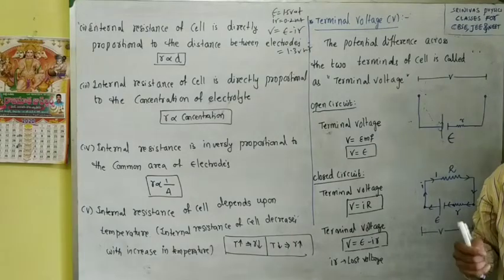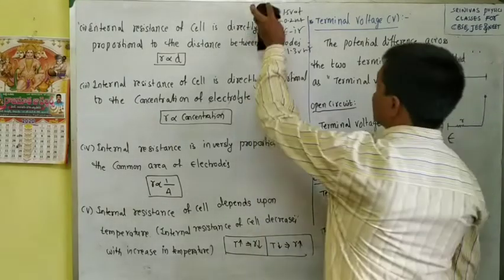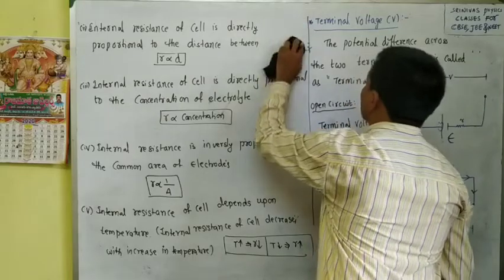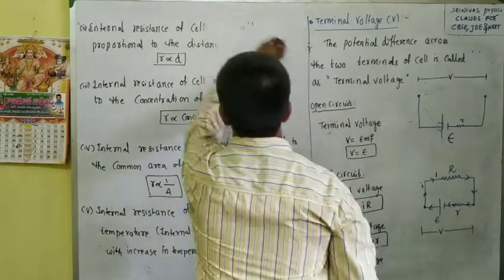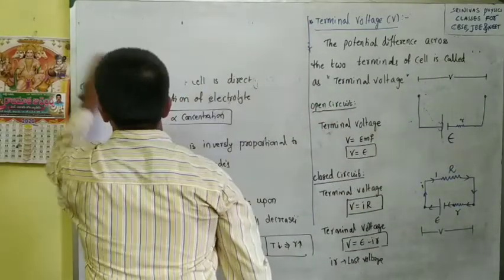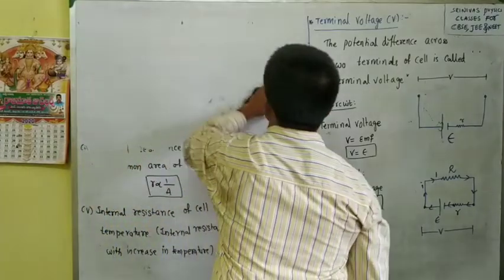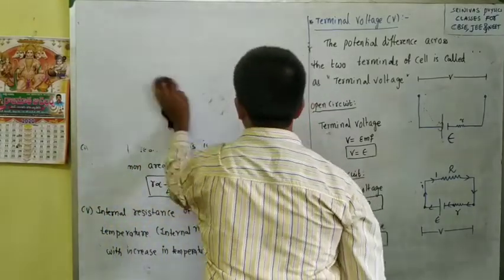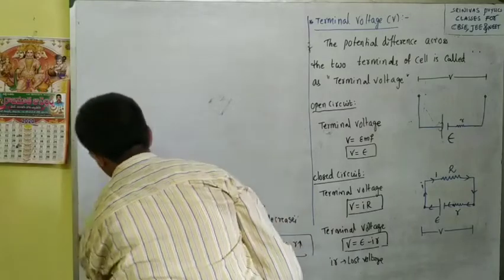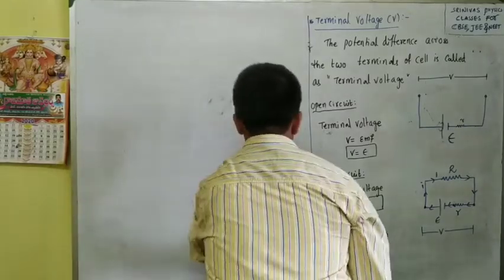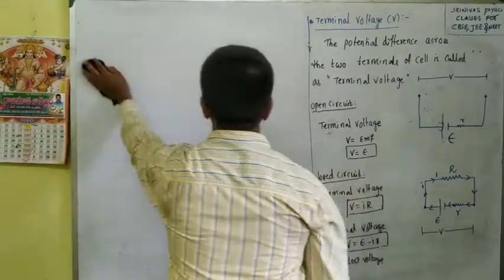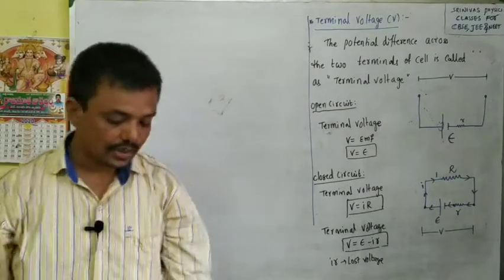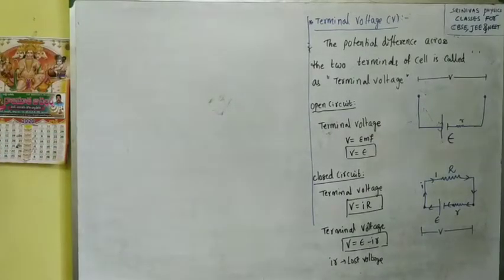Why does this loss of potential difference occur? Because of internal resistance. That is called lost voltage. Internal resistance means resistance offered by the electrolyte of the cell.